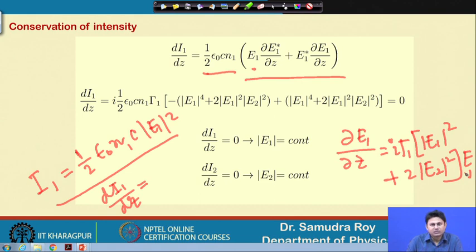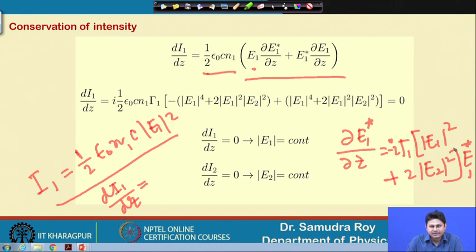This is the differential equation we derived in the previous slide. So, we will just put these things into this equation. In the first equation there is a star, so if I take the star of that, the right hand side will be the complex conjugate. So, i will be replaced by minus i, and this E1 will have a star.